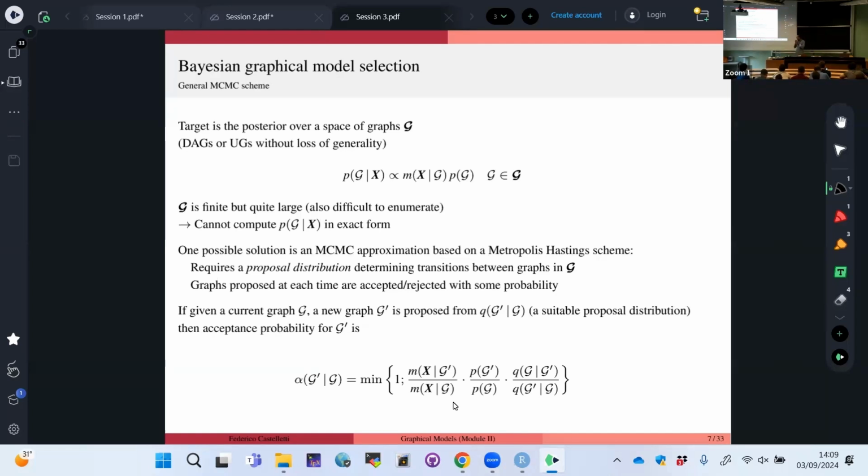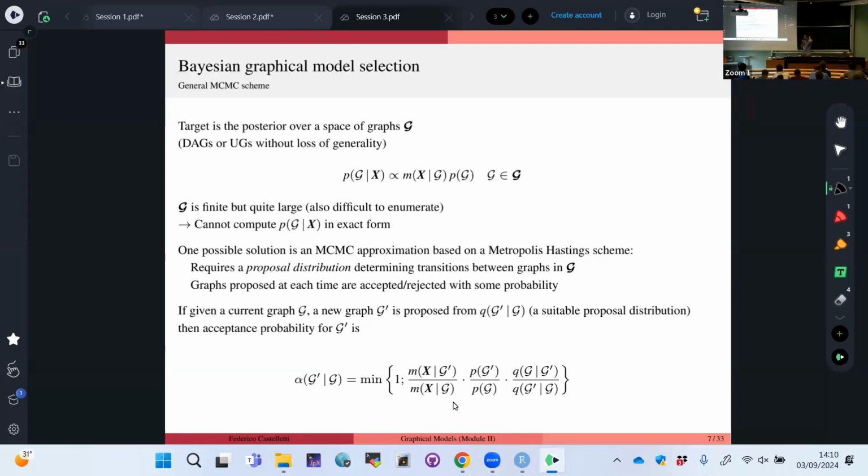The second component in our acceptance ratio is the ratio of prior probabilities in favor of the proposed graph G prime and the current graph. And then we have the ratio of proposal, which is given by Q of G given G prime, so the transition probability from G prime to G over the probability of transition from G to G prime. This is the proposal ratio.